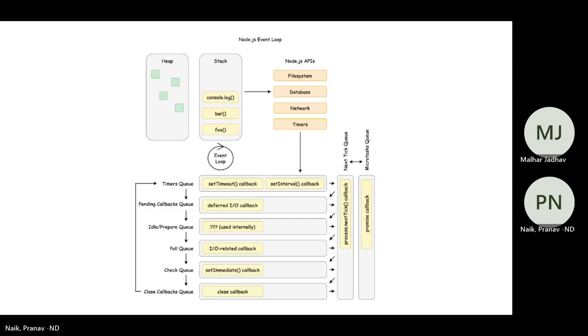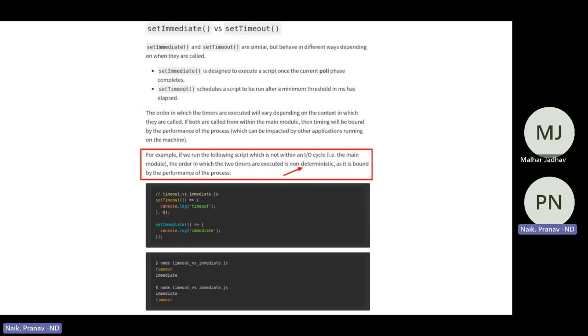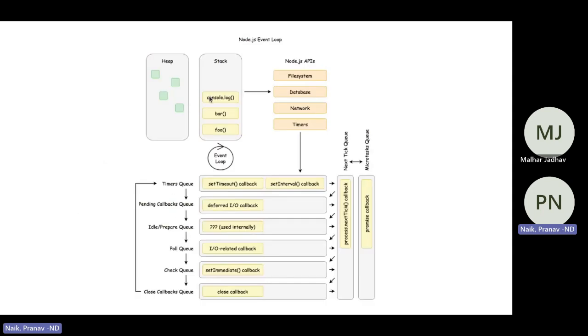So what did we learn from the priority queue? We learned that setImmediate does something on the next tick, right? How? If setImmediate is there, then it will wait for the stack to get executed.